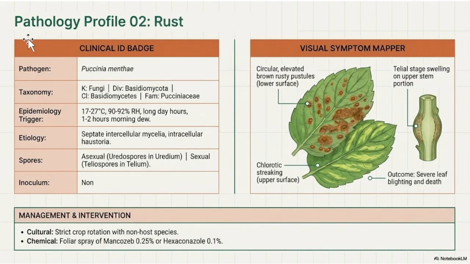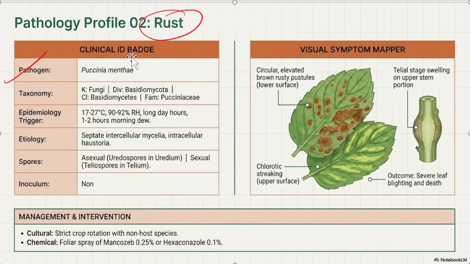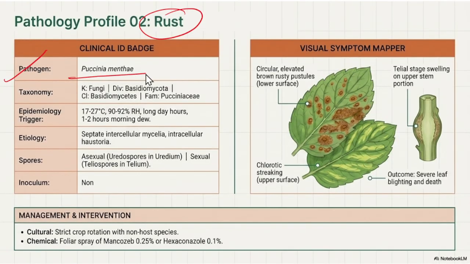Then the second disease, that is a major disease in mint, is the rust, and that rust is caused by Puccinia menthae, the causal organism of this rust. The taxonomy: kingdom Fungi, division Basidiomycota, class Basidiomycetes, family Pucciniaceae, genus Puccinia, and species menthae.